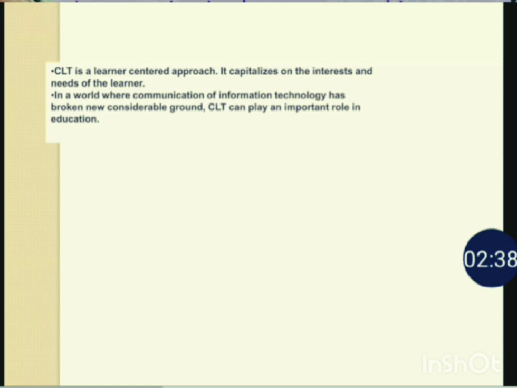Okay, in this approach, we are mainly focused on students, and teachers only give proper instruction and direction to their students. It capitalizes on the interests and needs of the learner.